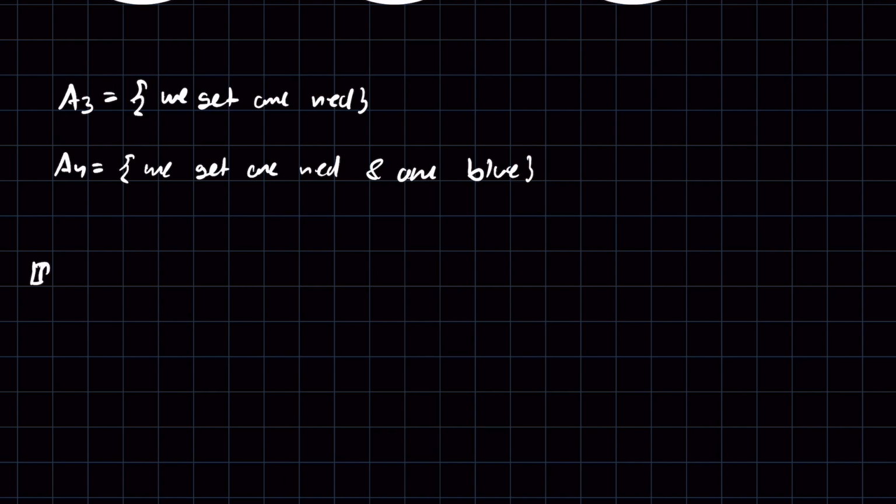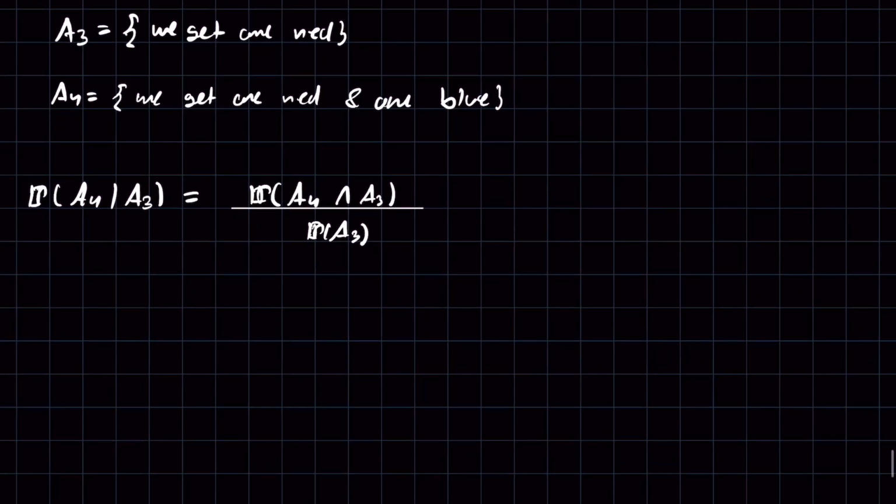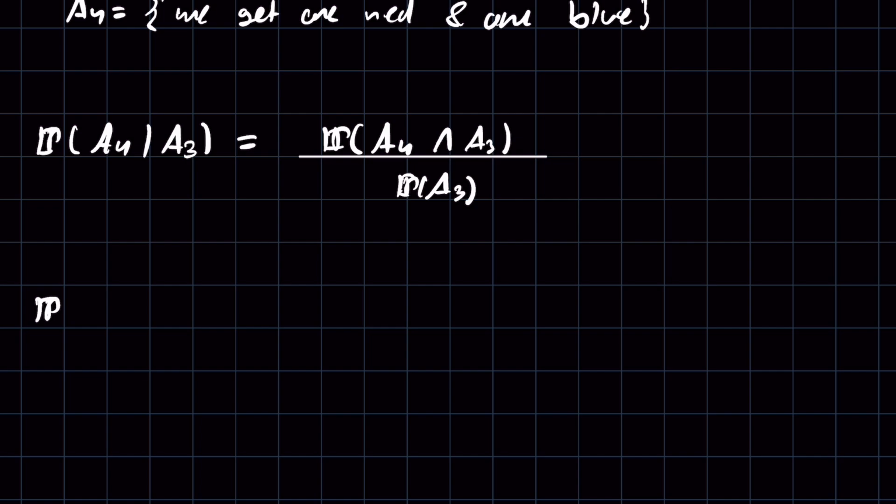So we want the probability of getting one red and one blue, given that we get one red. This can be given by P of A4 given A3, over P of A3. That's pretty much it. So let's try to find P of A3 first.